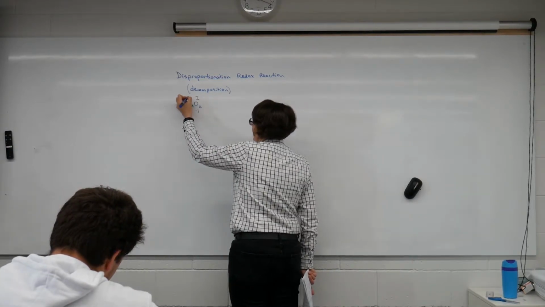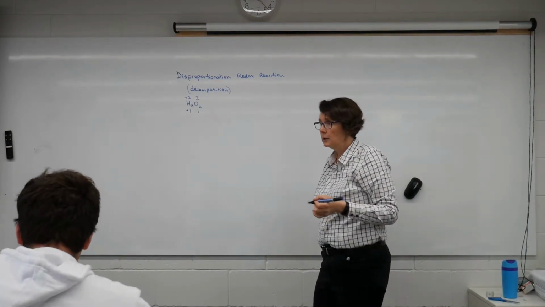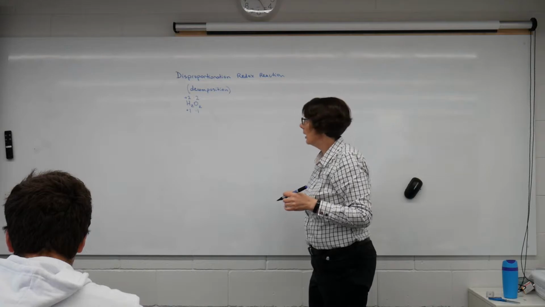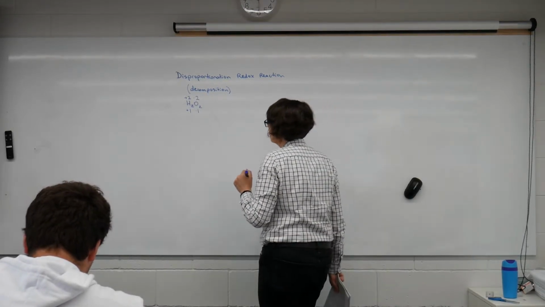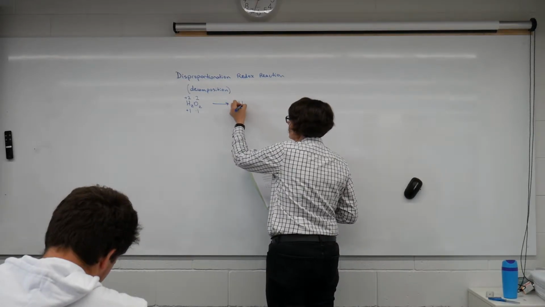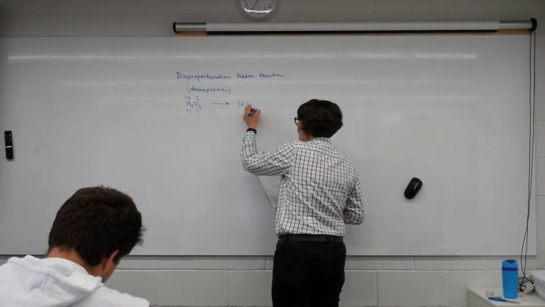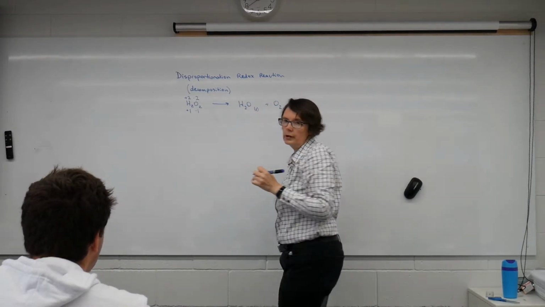And our hydrogen is +1 as normal. But this is our special case, if you like, for oxygen where the oxidation number is not -2, it's -1. And it decomposes quite spectacularly sometimes into water and oxygen gas.